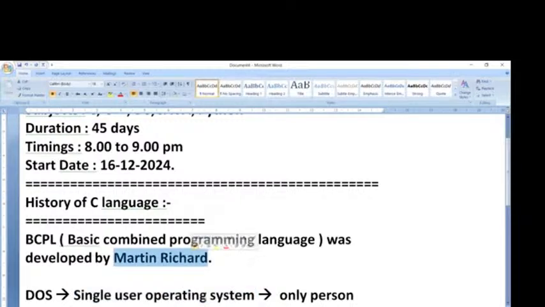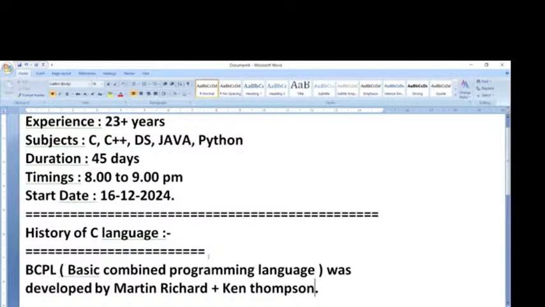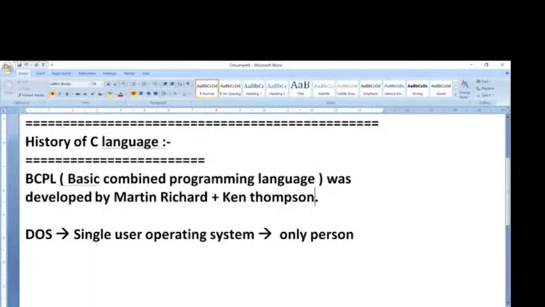Martin Richard, and there is one more person in the development team. His name is Ken Thompson. He wanted to build a new operating system which can support multiple users at a time.